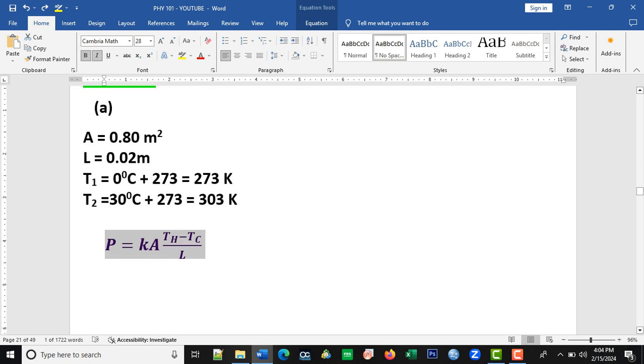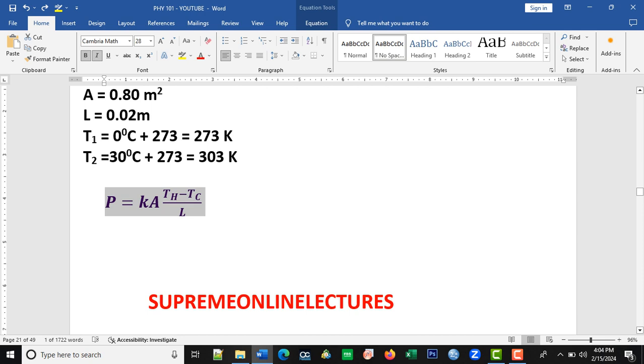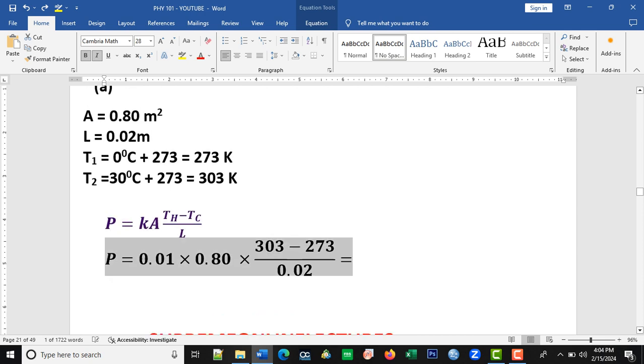So for the rate of heat flow into the box, we are going to use the expression P equals K A (TH minus TC) all over L. Then we substitute the value of K, 0.01, which is given, area 0.8, and then high temperature TH 303, and then TC 273, and L we now replace with 0.02.